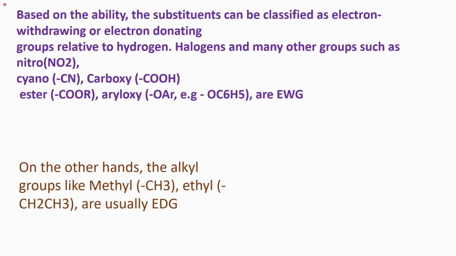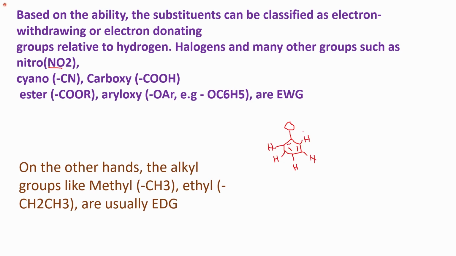Based on the ability, it is also shown there. Groups such as nitro, cyano, carboxy, ester, and alkoxy. Alkoxy means, suppose O and there will be one benzene, so this is OC6H5.